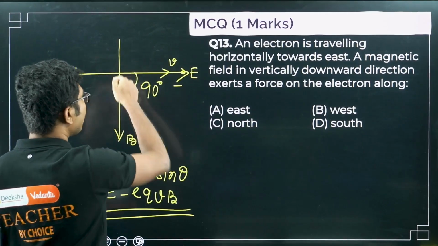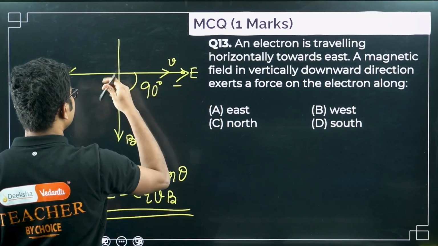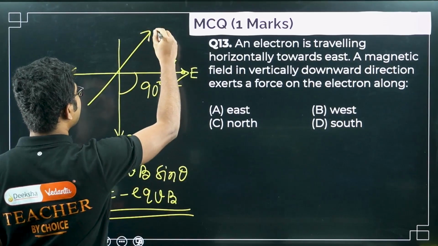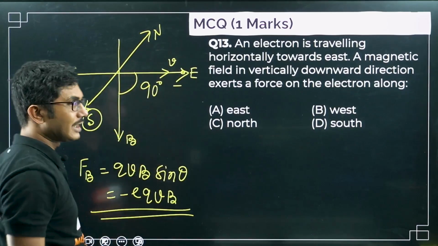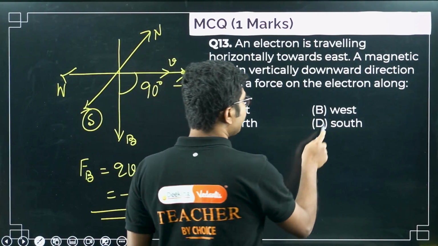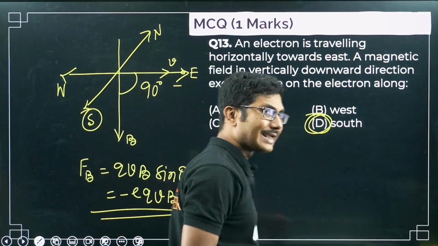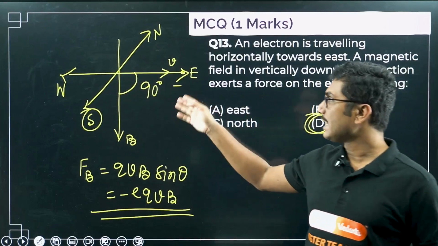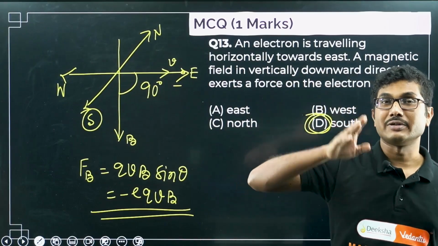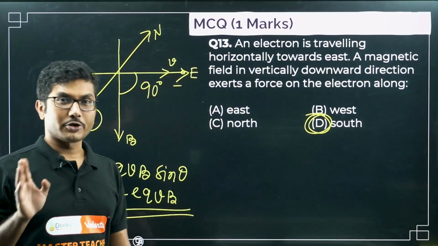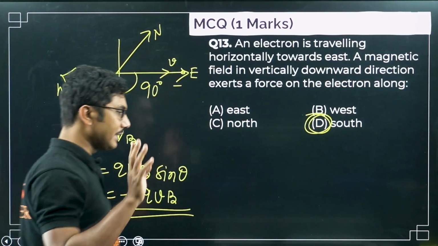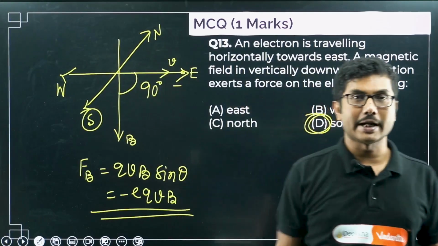So we know that north is in this direction and south is in this direction, so this force will be along the direction of south. Be very careful, because they have given you the question based on a negative charge. For a positive charge, you can apply the cross product law, but when it is a negative charge, you have to reverse the direction.